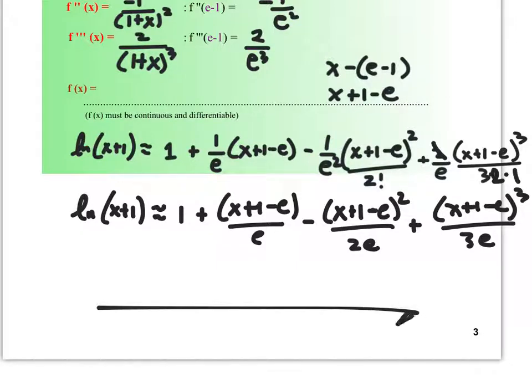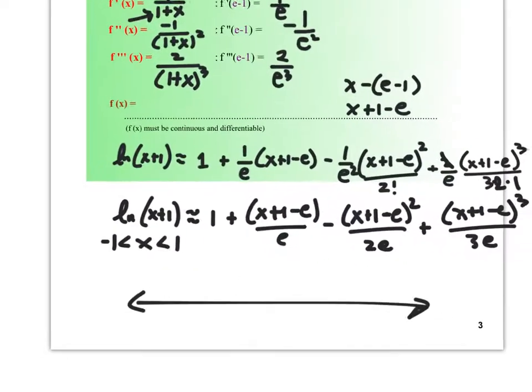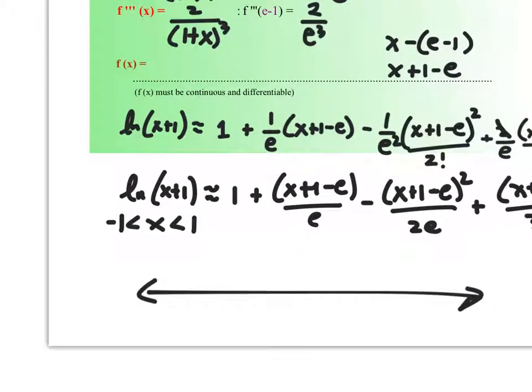Alright, now I want to talk about what happened to this interval of convergence. What did we do? Normally this converged between -1 and 1. But what did we do? We shifted it over e minus 1 units. So I'm going to add e minus 1.